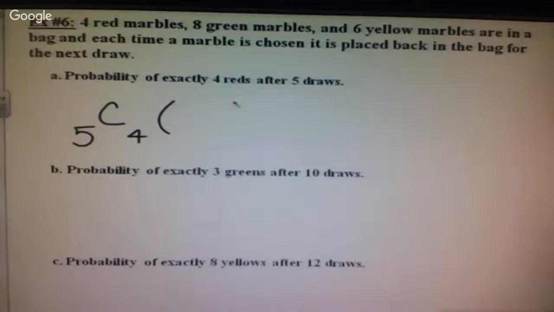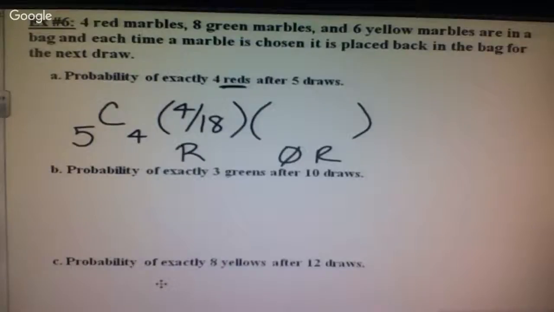Okay, so now in my 2 sets of parentheses, I want a red, because that's what I'm looking for. And in the other one, then, I want not a red. So what is my probability of getting a red marble? 4 out of 18.